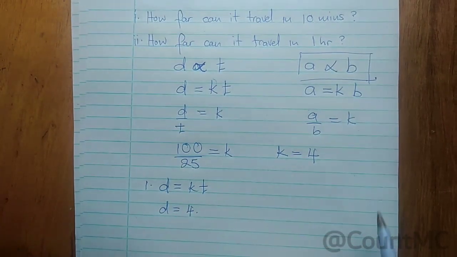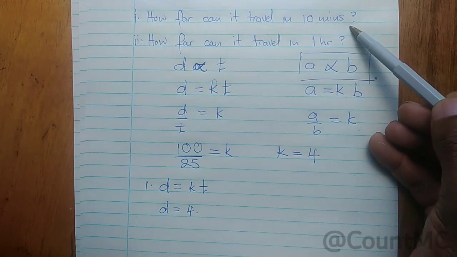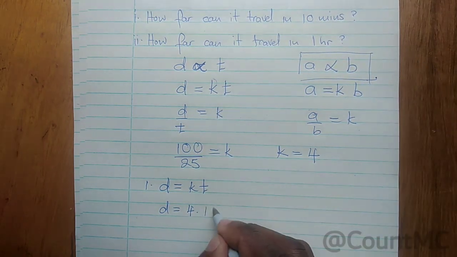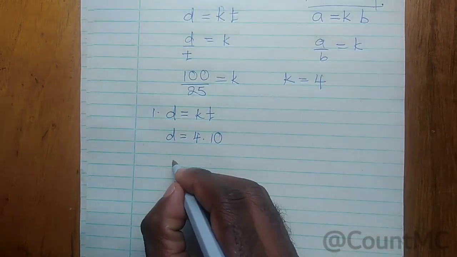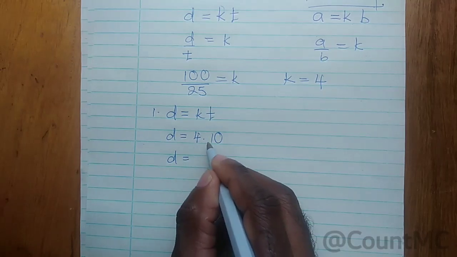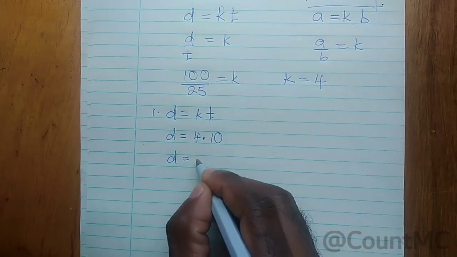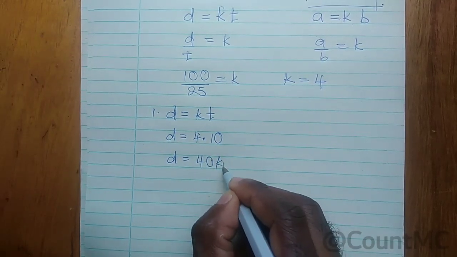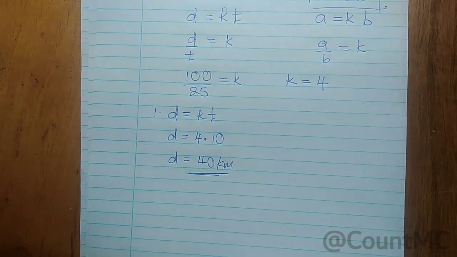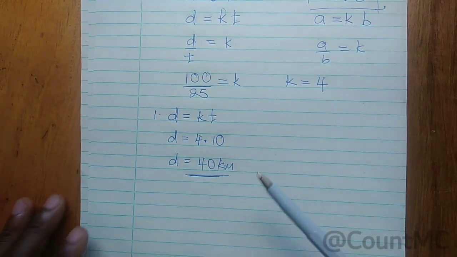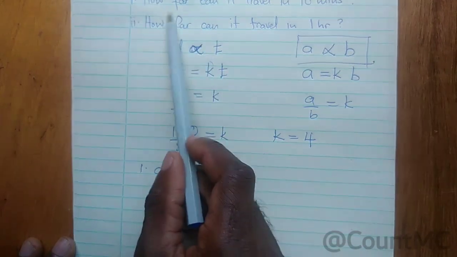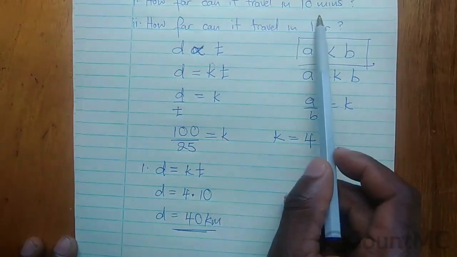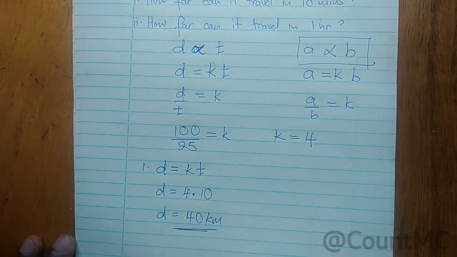Then time, 10 minutes. So our distance is equals to 4 times 10 is equals to 40 kilometers. So how far can it travel in 10 minutes? In 10 minutes, you will travel 40 kilometers.